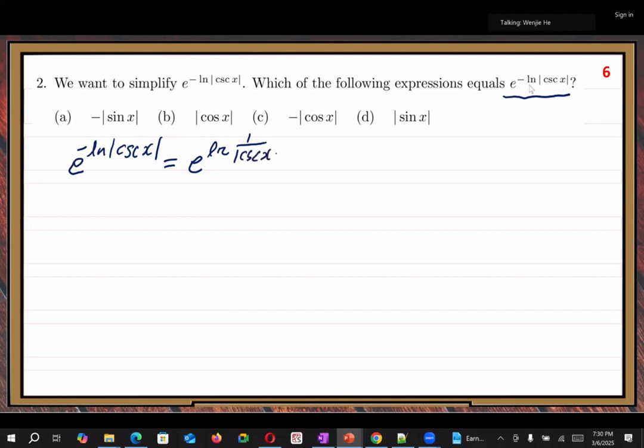We know the reciprocal of cosecant is sine, so that is sine x. Then e and the natural log cancel, so you have the sine function. So D is correct.